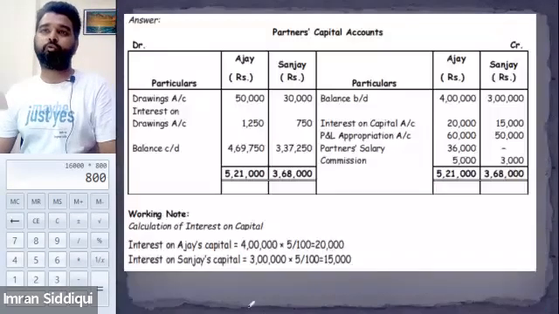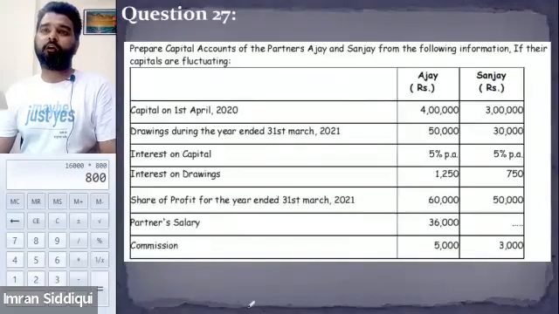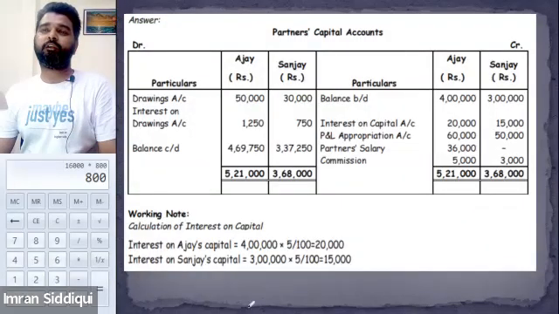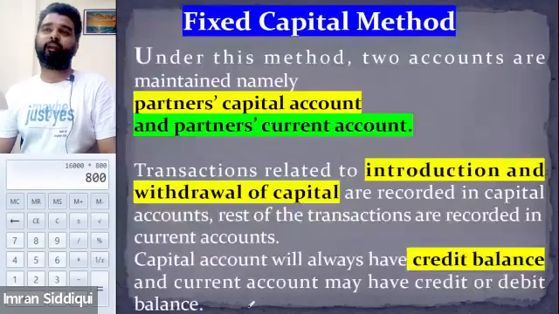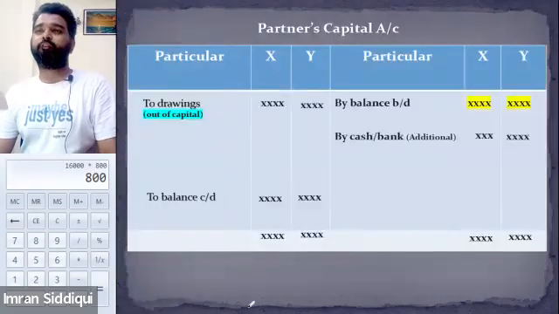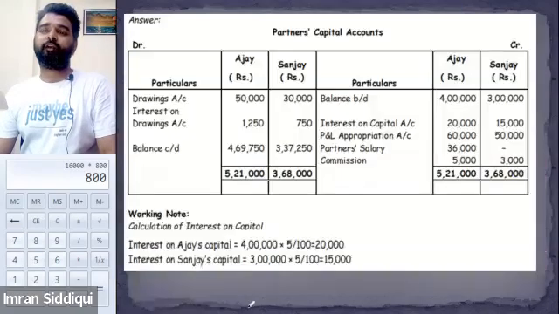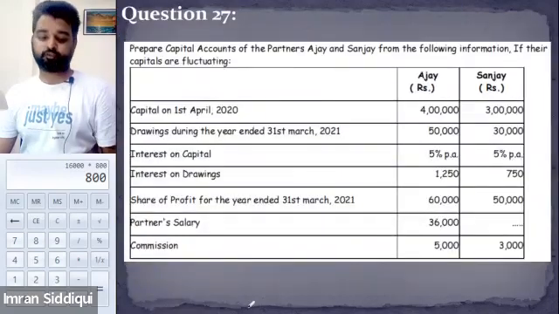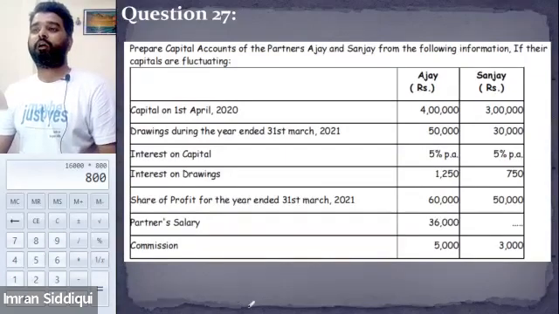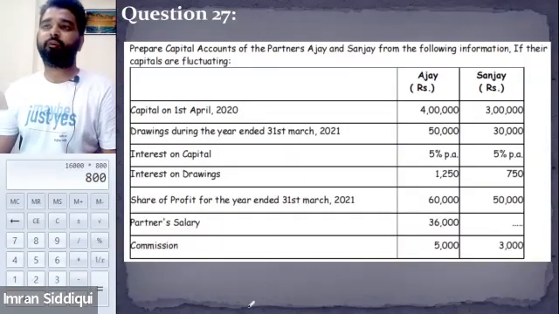And also, if you want, after question number 27, I have discussed in the PowerPoint the fixed capital method. Here also, you will find the format of the partner's current and capital account. Am I clear? Okay, sir. So you will be able to find the format after question number 27. So make sure you remember that. I'll just share the PowerPoint.